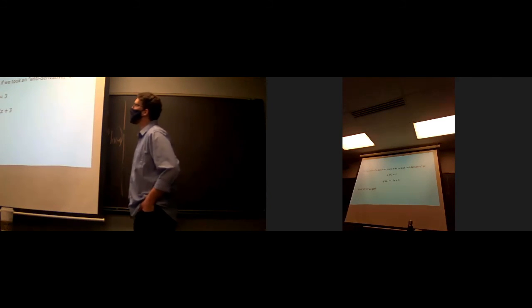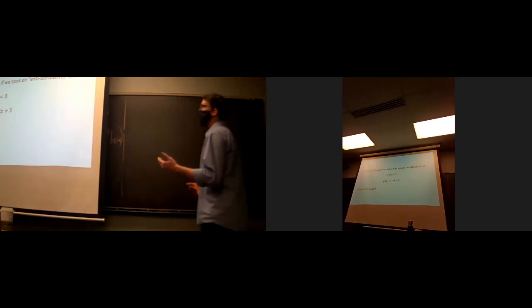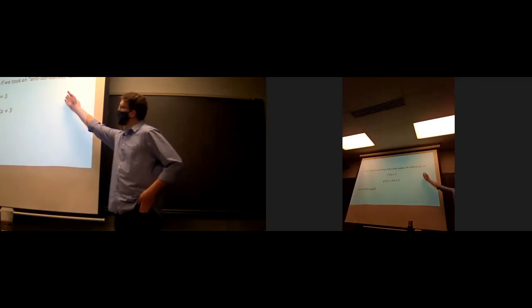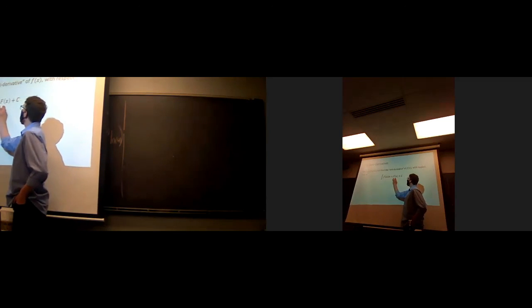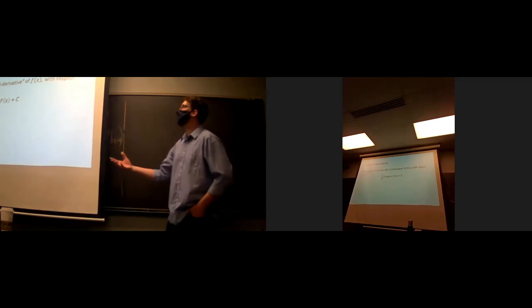Before I go any further, I want to point out that undoing the derivative, we apply what's called an antiderivative or an integral. So just some terminology, the antiderivative of some function is going to look like you undid the derivative plus some constant.